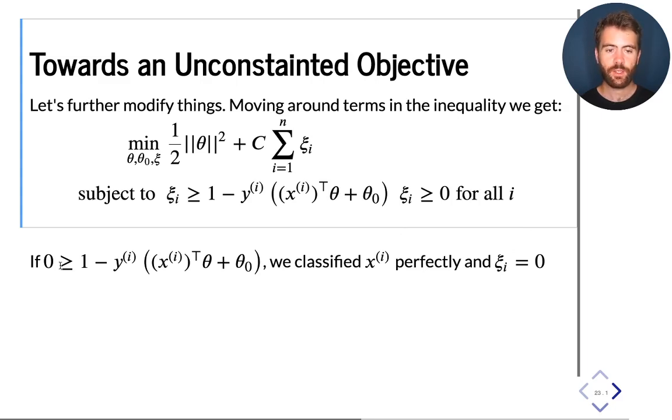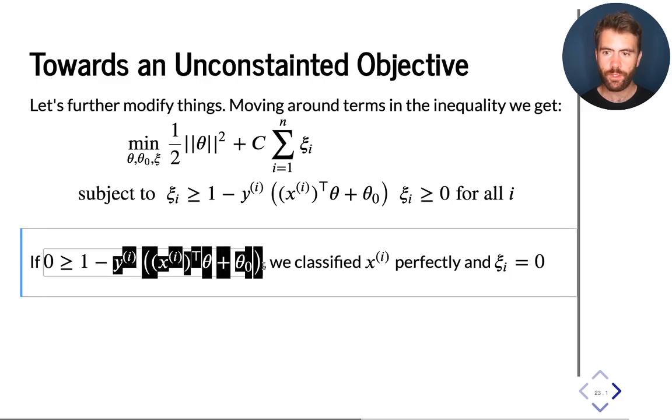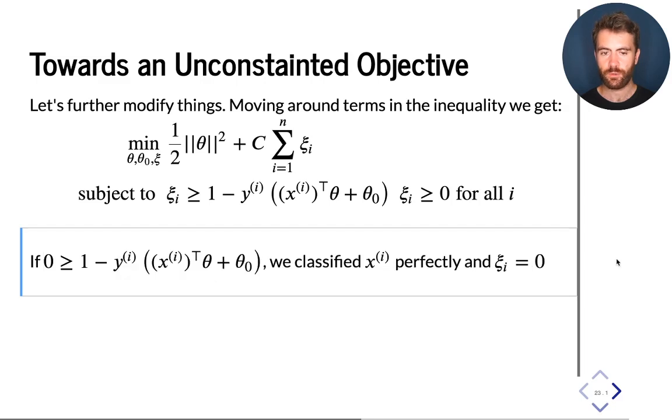If this is less than 0, then it means that this score here is greater than 1, which means that we are classifying x perfectly, and therefore the xi has to equal 0.